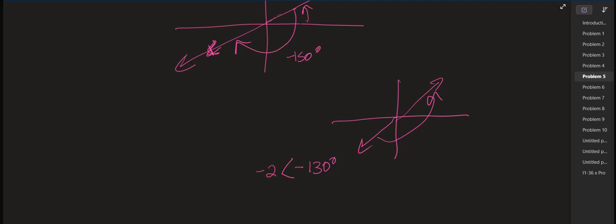So that's how you do it. Okay? So when you have a negative magnitude, then you either add or subtract 180 degrees to get it between negative 180 and positive 180. Thank you for that correction. Other questions?